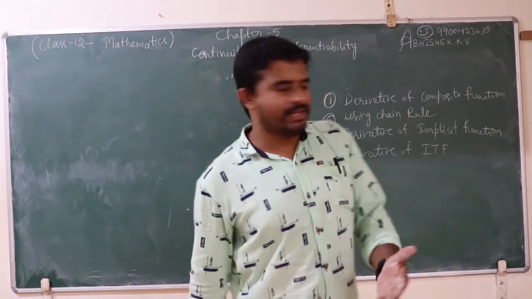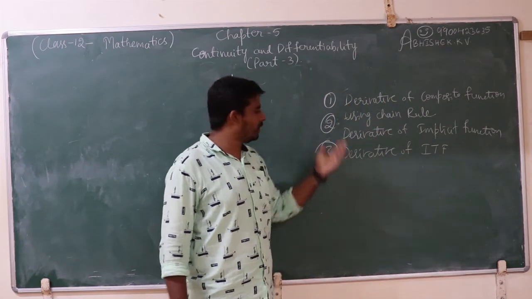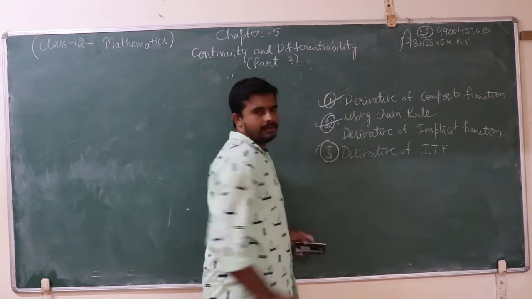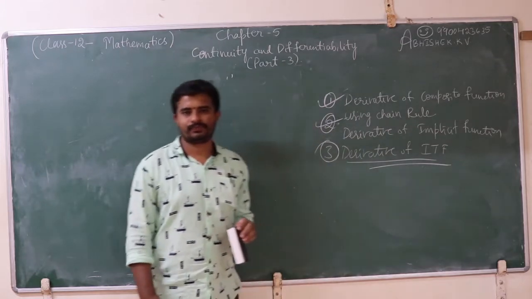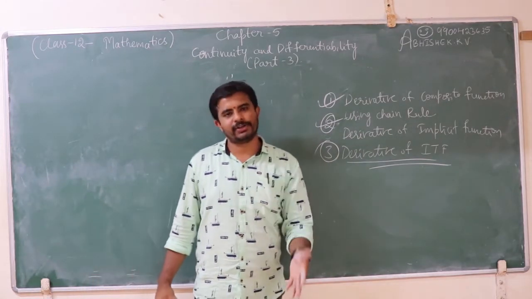After completion of the derivative of a composite function using the chain rule and the derivative of an implicit function, let us move on to the derivative of inverse trigonometric functions. We already learned about inverse trigonometric functions in chapter 2.